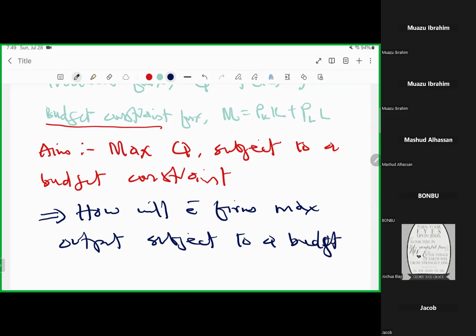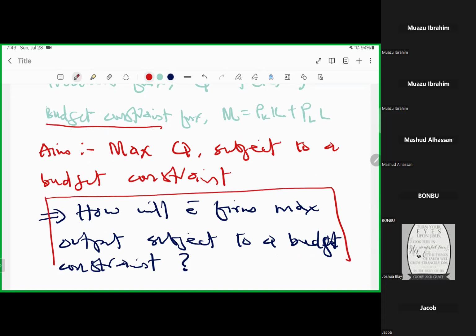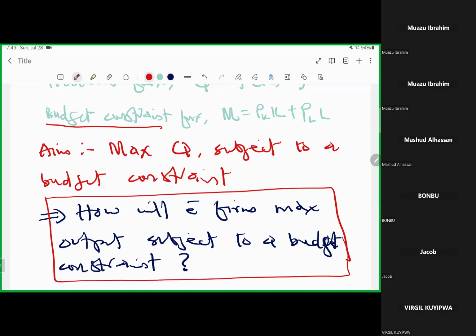That is the big question. How will you as a firm maximize your output subject to a budget constraint? Because a firm is always constrained by budget, but they have the overall aim of maximizing output.